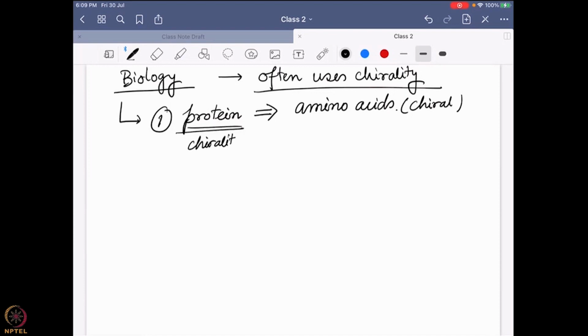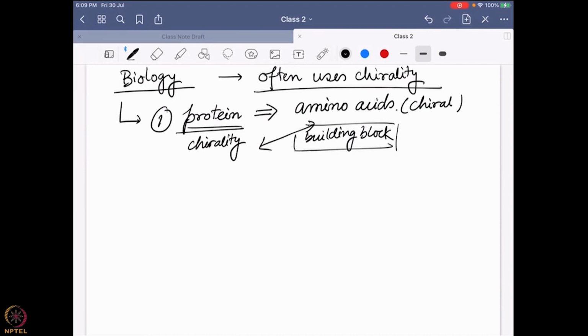And one of the reasons for that is that the building block is chiral. In a few of the coming classes we'll look into how not only these building blocks, but the protein structure overall, when it forms its 3-dimensional structure, can also induce a certain amount of extra chirality around it. We'll come to that later.